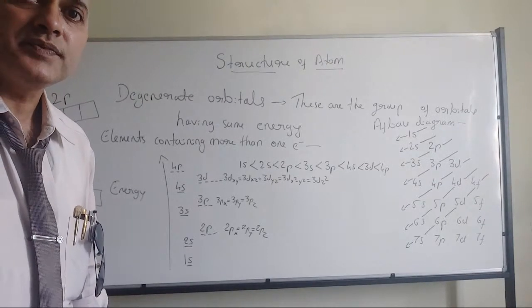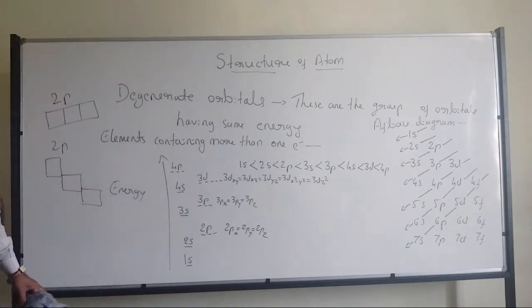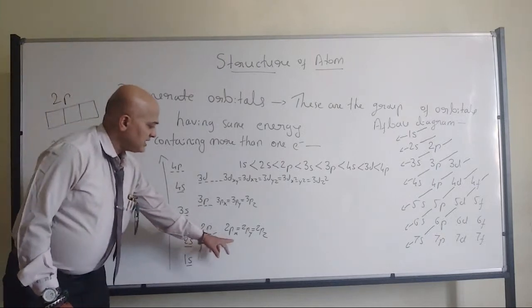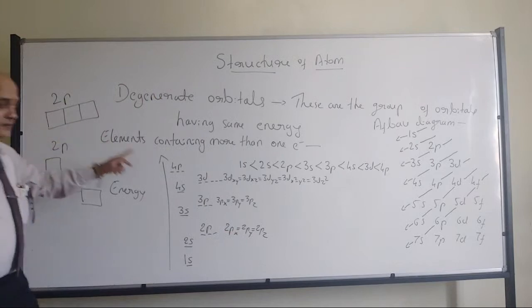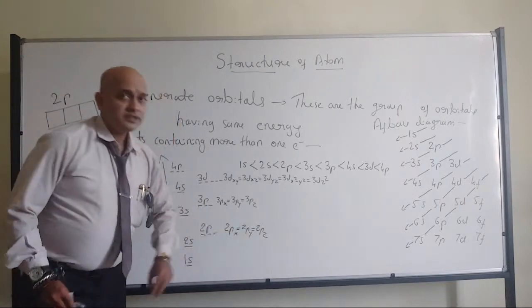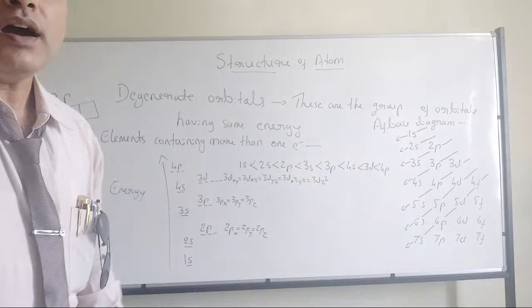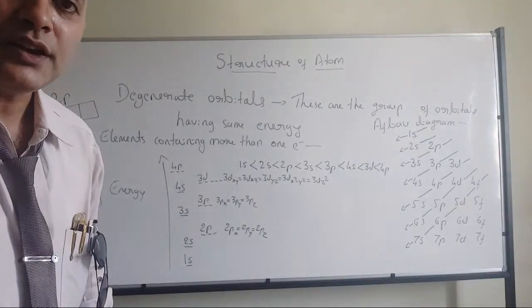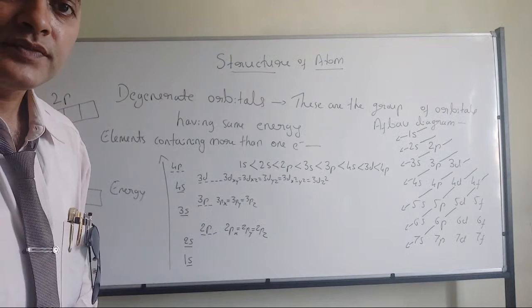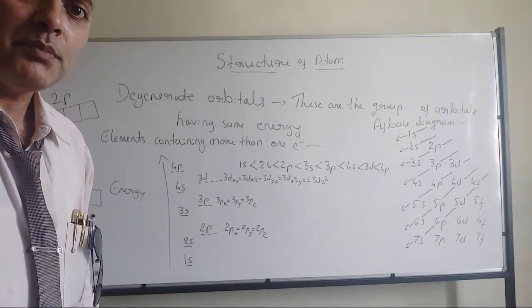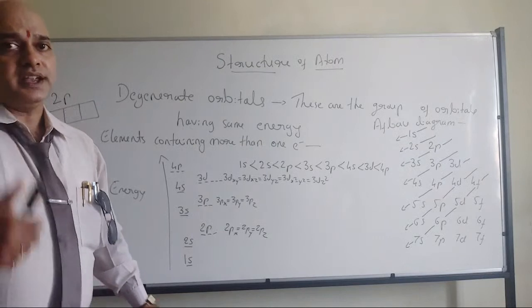Have you understood? So that's where I mean to tell degenerate orbitals, that these three boxes 1, 2, 3, 2px, 2py, 2pz, they are in the same energy level. Now whether I am clear, Rohan? Any doubt? This is applicable for other elements. Okay, done.